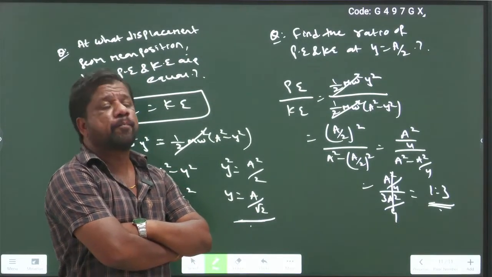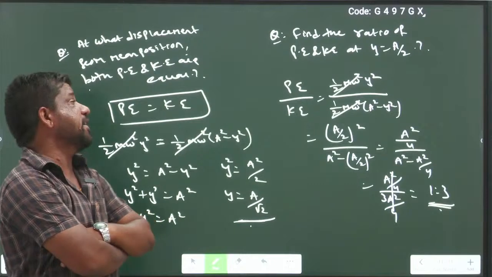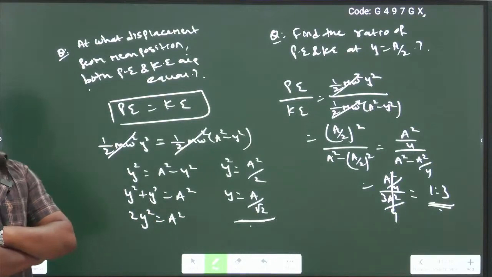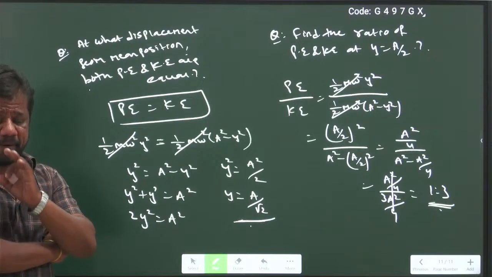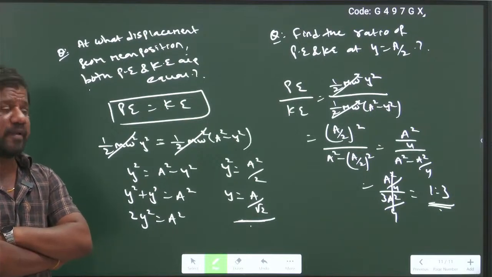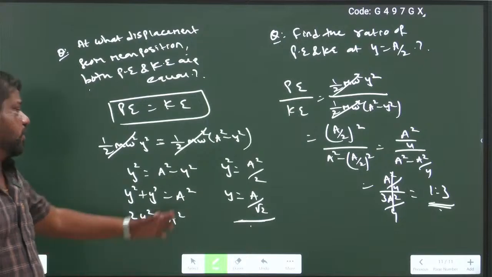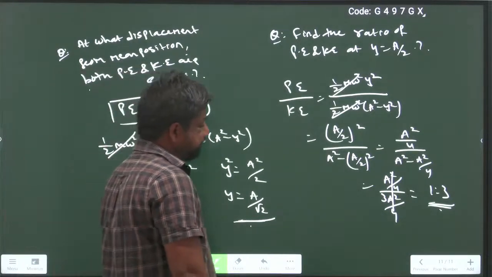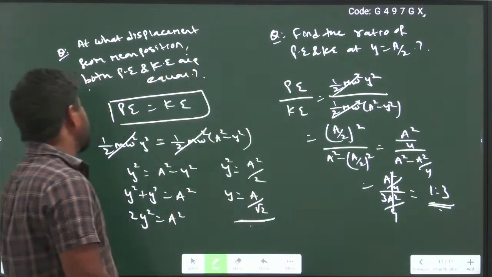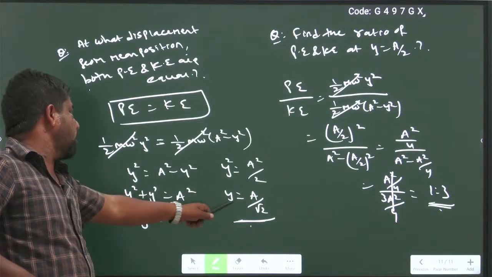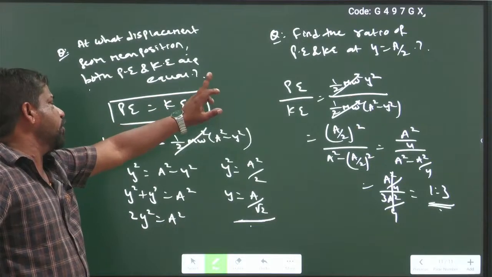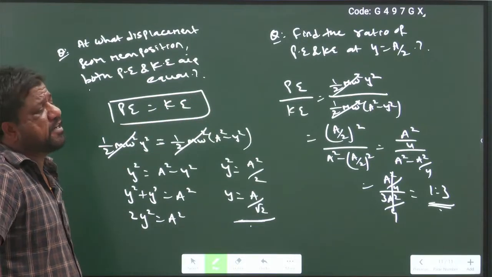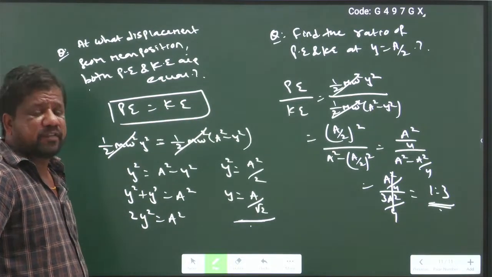Like this, the questions will be mostly based on the potential energy concept and the kinetic energy concept. This is about the general form of the equation, simple pendulum example, and also time periods. So now let's have a look here. Is this clear now? Potential energy and kinetic energy are equal at what displacement? y is equal to a by root 2. If y is equal to a by 2, what is the ratio of potential energy and kinetic energy? 1:3.